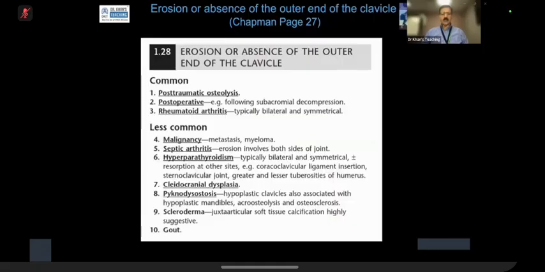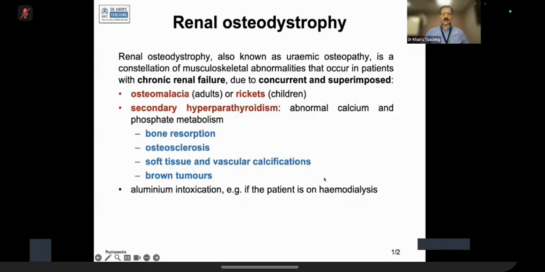Now, erosion or absence of the outer end of the clavicle. Parathyroid, typically bilateral symmetrical resorption of both sides. Insertion, coracoclavicular ligament insertion, sternocleidomastoid, greater and lesser tuberosity of the humerus. Greater and lesser tuberosity of the humerus means the supraspinatus tendon, the rotator cuff, right?